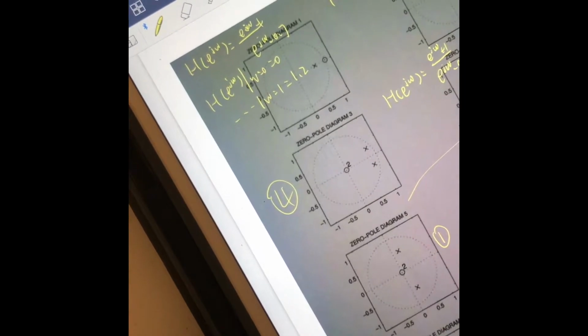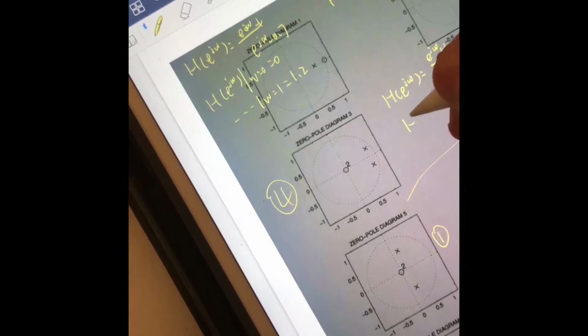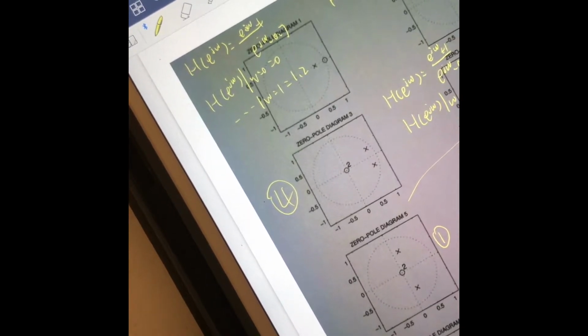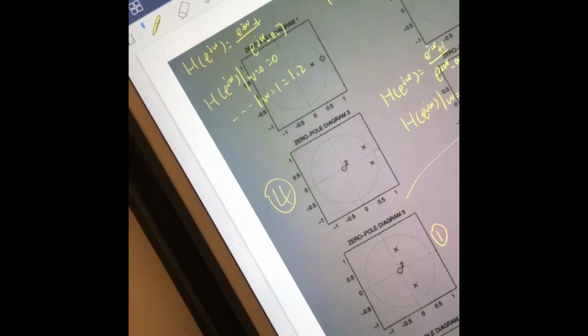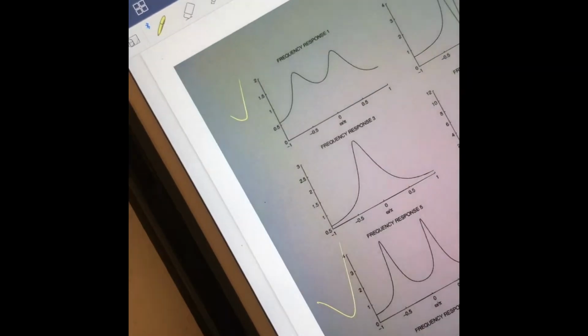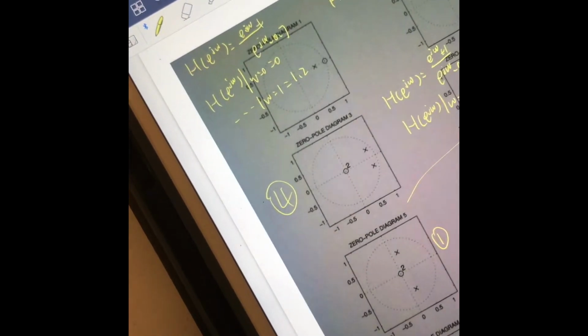So when omega equals pi, we have the value of 0. So it could only be frequency response 6.